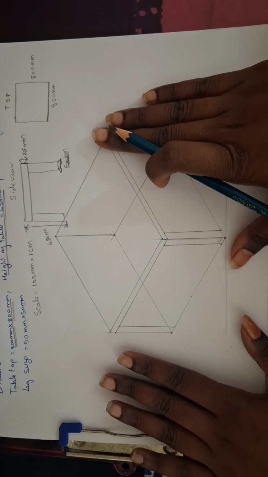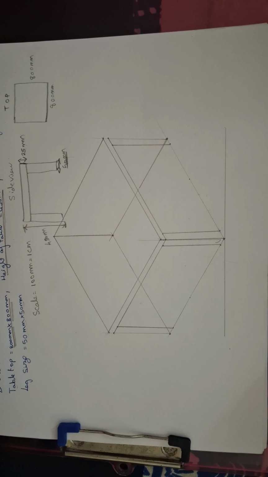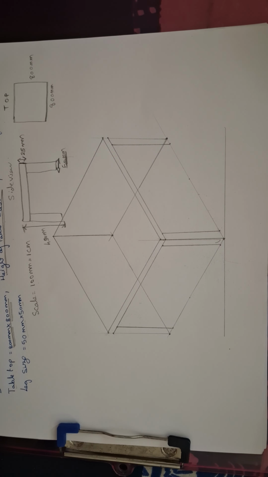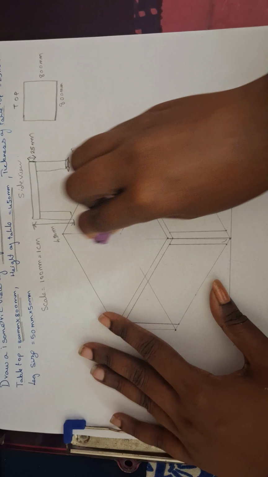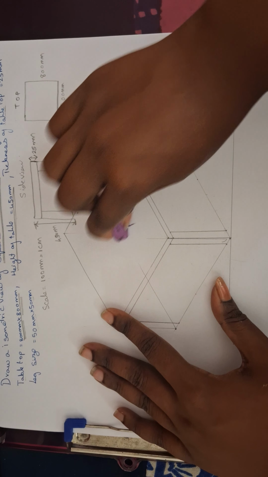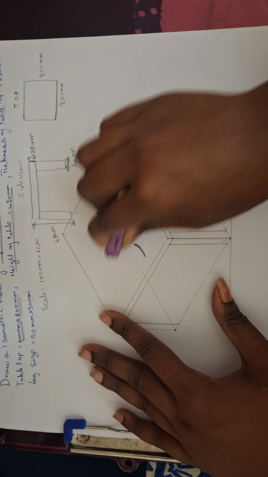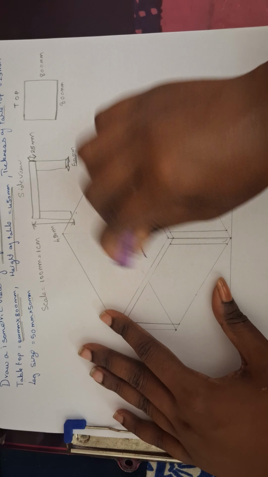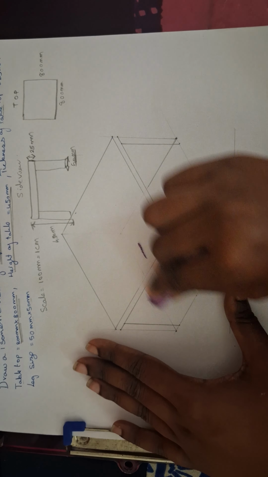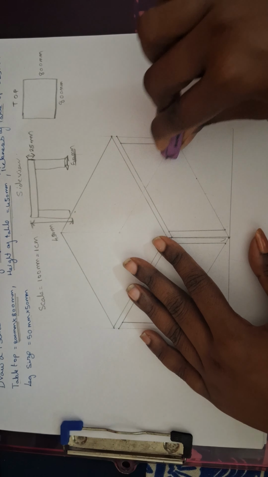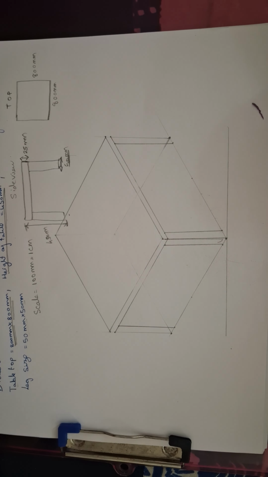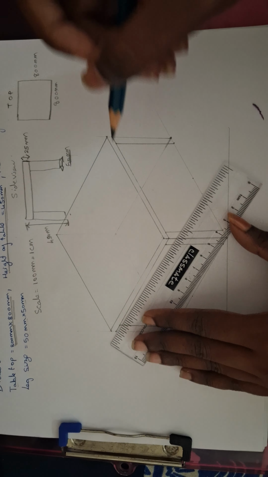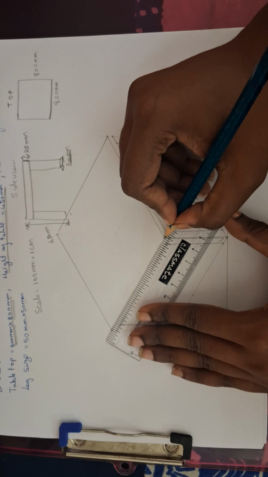Now we have completed drawing the table. So let us erase the invisible lines. Okay, we can't see these lines. And once erasing the invisible lines, let's darken the visible lines.